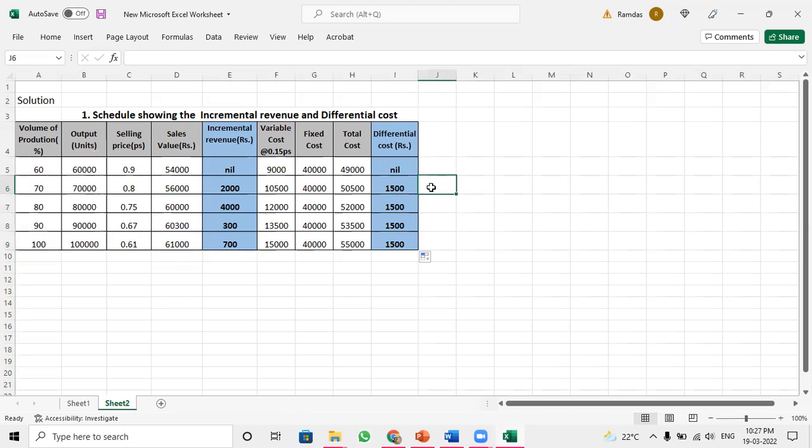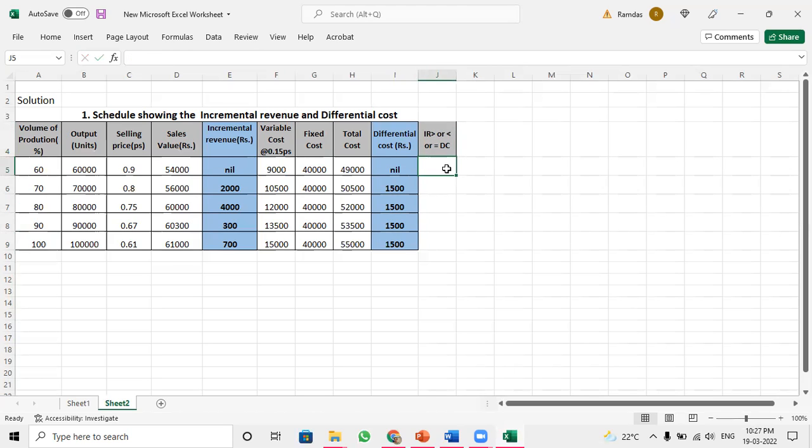But now I need to find whether my incremental revenue is greater than, lesser than, or equal to the differential cost. This is what we are going to find out.